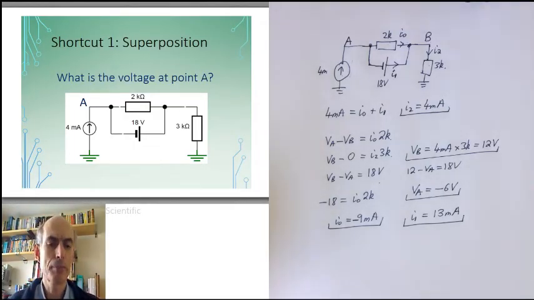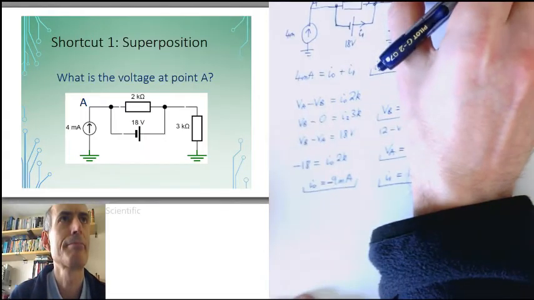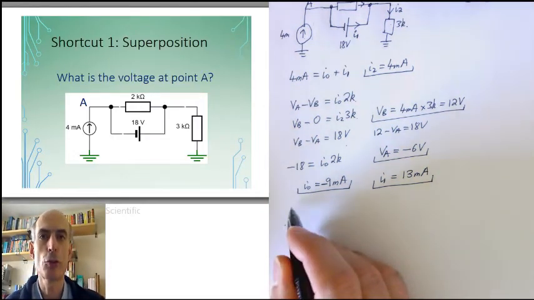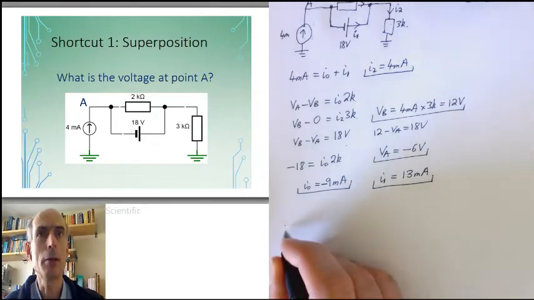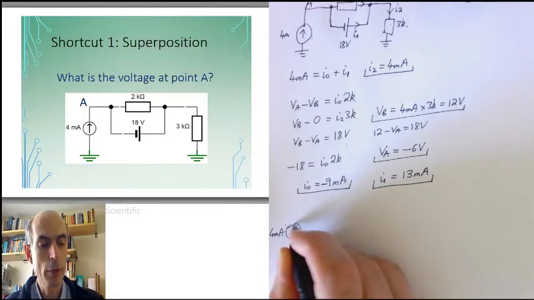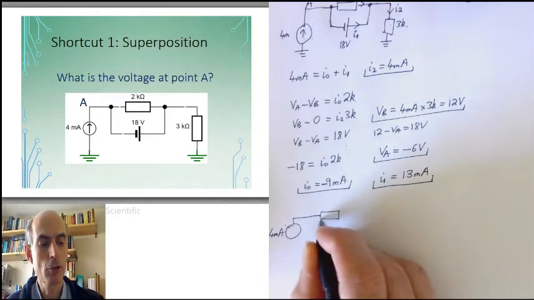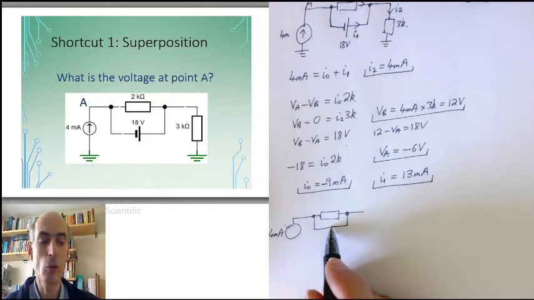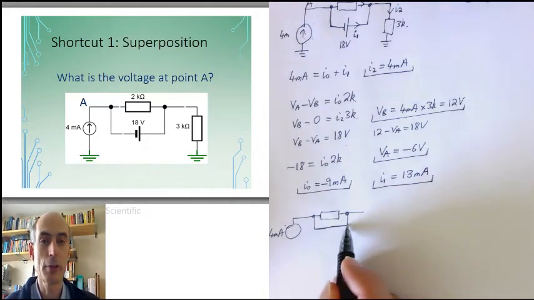That's not too bad, but I would propose that it's actually easier to do it by superposition. By superposition, it would go like this. Take the circuit and set the voltage source to 0. Then, the circuit I've got is a current source of 4 milliamps flowing through the parallel combination of a resistor and a wire, because replacing a voltage source with a 0 voltage source means just replacing it with a wire.